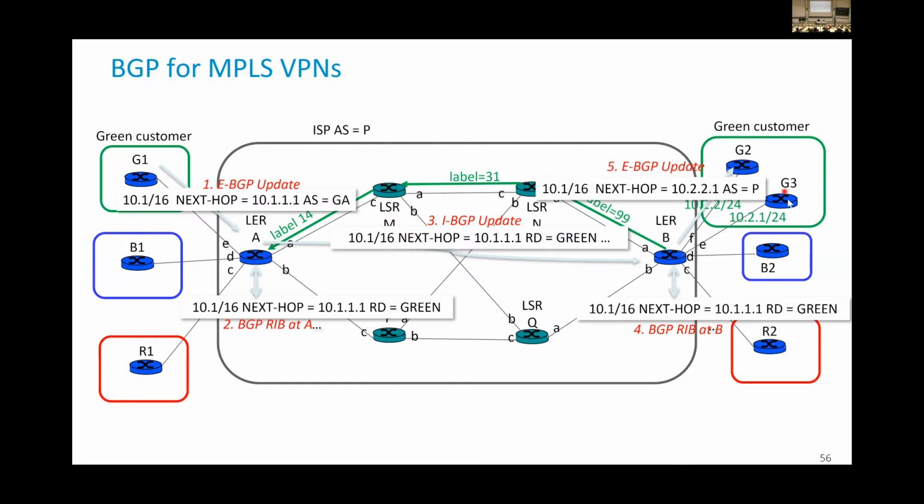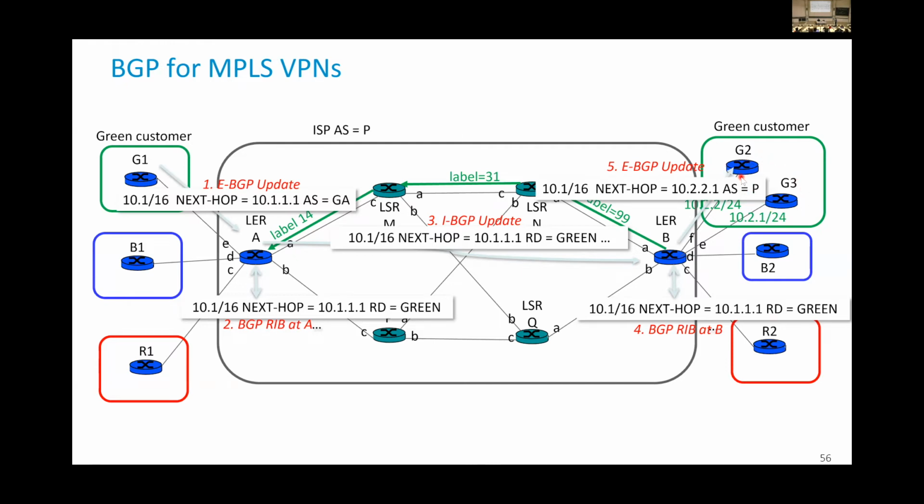So G2 and G3 will receive a BGP announcement that says for 10.1/16, what is the next hop? Well, the next hop will be the interface here. The AS number typically will be the AS number of this provider, because this was a private AS number and we don't forward it. Therefore, the green customer will accept it and will be able to inject it into its routing table and perhaps also redistribute into OSPF, because here the number of prefixes we have is not huge.